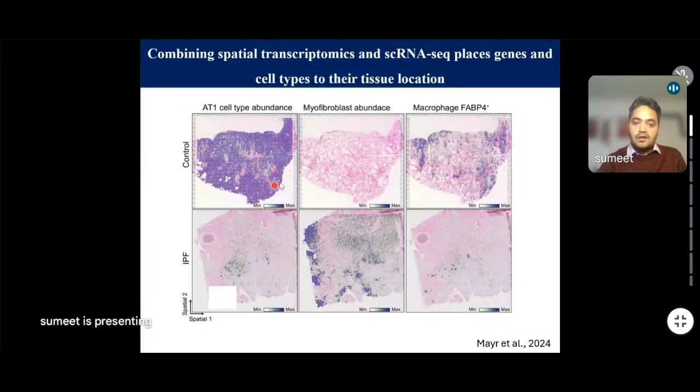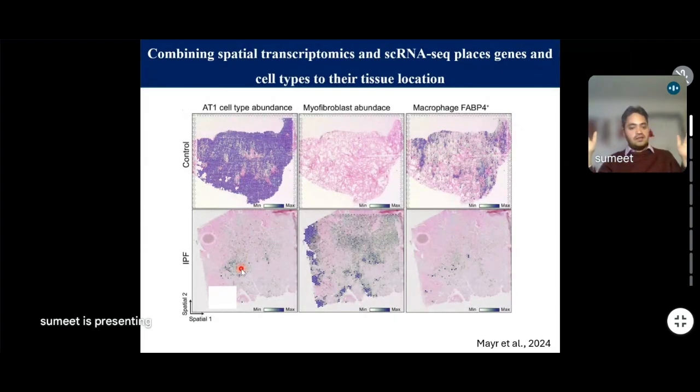And you see a lot of blue color in the control tissue, meaning if you are taking a healthy lung, you do expect lots and lots of alveolar type 1 epithelial cells present. But if you look at the IPF patient here, there is a striking difference in the number of AT1 cell types.